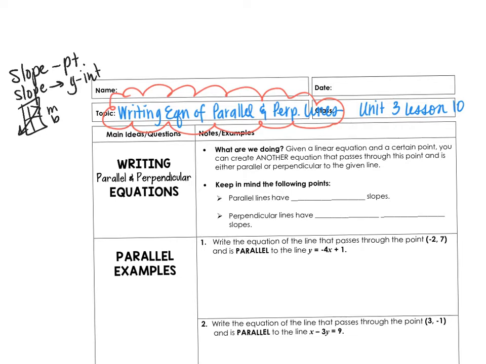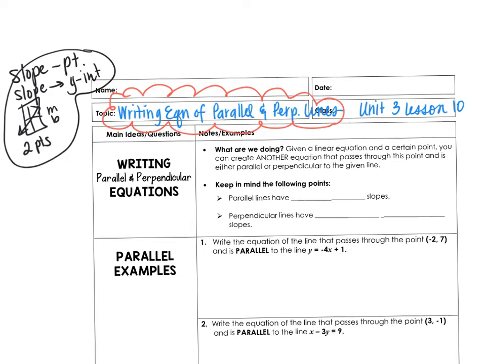We were also writing equations of lines given 2 points. Wow, you guys have done a lot, right? So you've written equations of lines given all these different scenarios, and you are now at the last scenario, which is writing an equation of lines that are parallel or perpendicular.